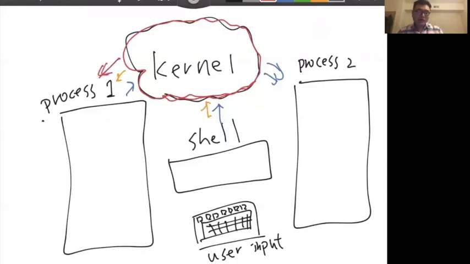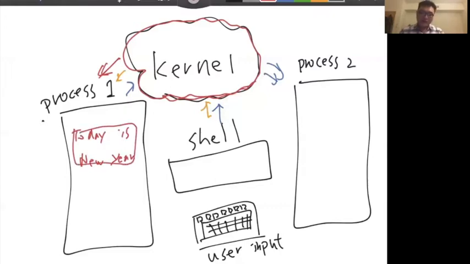For example, our kernel can tell process one, okay, today is New Year, the first day of your new year. When the kernel tells this information to a process, the process can react based on the message sent from the kernel to process one, right?